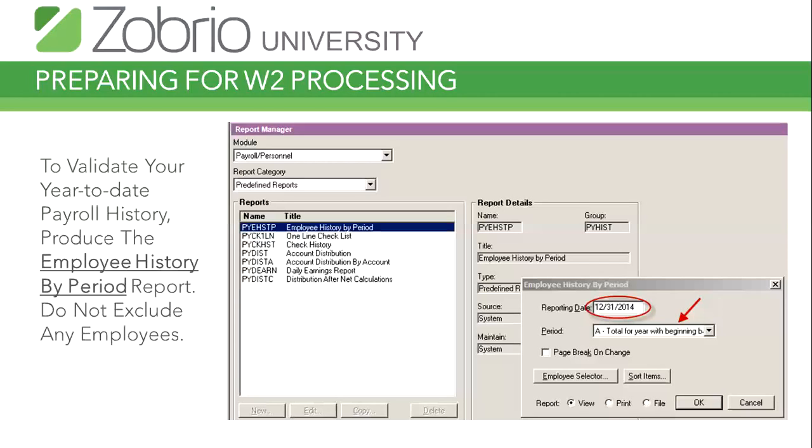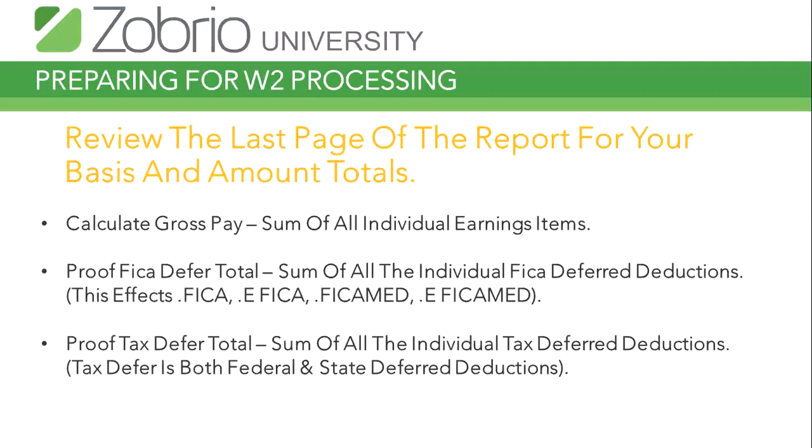What you want to keep in mind with this particular report is that it reflects totals that are in the system to date. If you are one of the clients that have stipends, the state-issued stipends, where you update your system and adjust your FICAs and your e-FICAs and FICA Med wages, be aware that you need to get those adjustments into the system prior to the end of the calendar year.